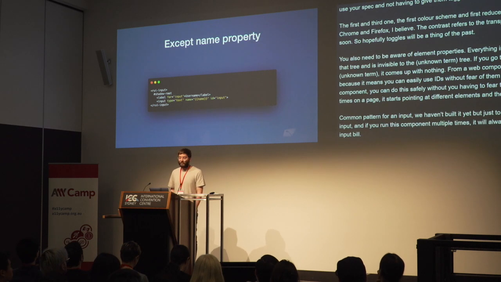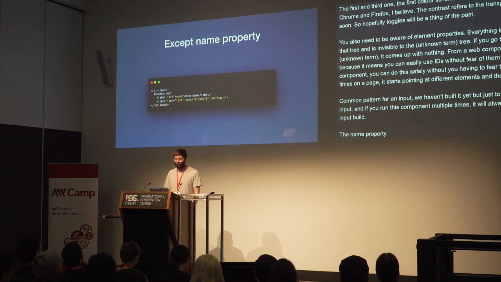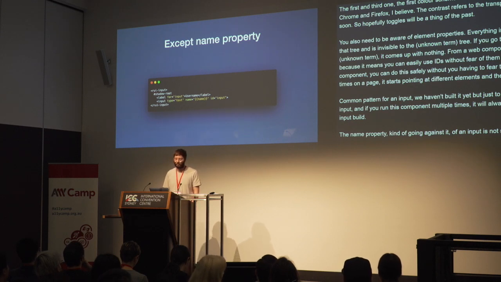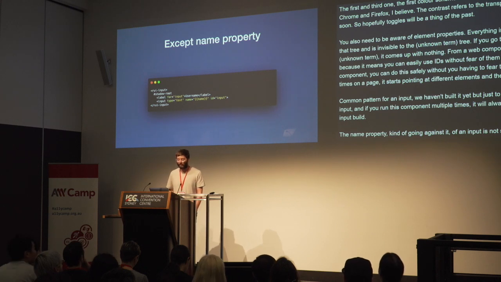However, the name property of an input, kind of going against it, is not scoped to the shadow boundary, but it's still scoped to the nearest form, which in one way is really kind of an anti-pattern, where it breaks the shadow boundary and doesn't provide that encapsulated functionality.